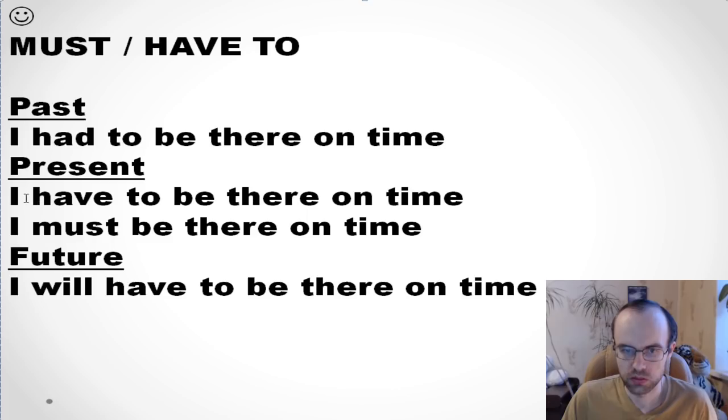Good. If we are talking about the past, so must or have to, only had to. I had to be there on time. And we use will have to for future. I will have to be there on time.